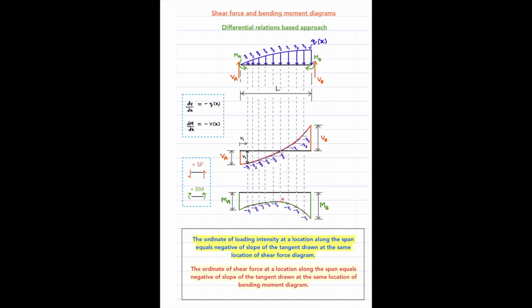Only if the slope is positive, when we assign a negative sign to it, will it indicate the load intensity pointing downwards. As per our convention, loads acting upwards are positive. Only if we add a negative sign to these positive loads will it mean a downward force. So only if the slopes are positive here, and we add a negative sign to that, does it work. We can read it in a different manner also: I can write this as minus dV/dx equal to q of x as well.